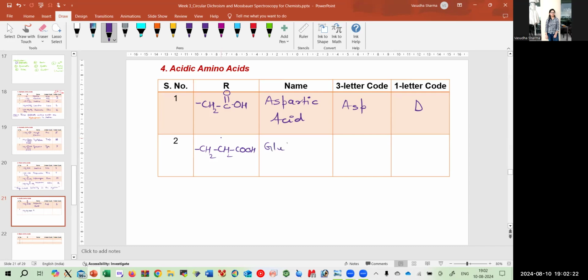This is your glutamic acid, GLU, and E. You need to remember that this has a pK of 3.2 to 4.5 to remain in the carboxylic acid form.